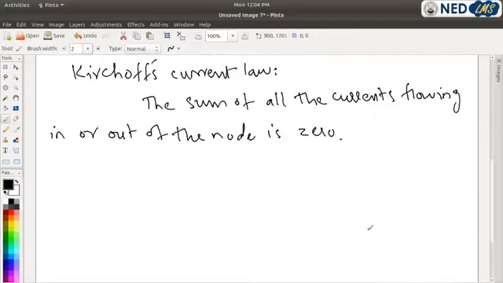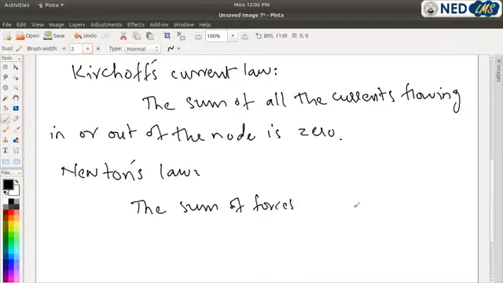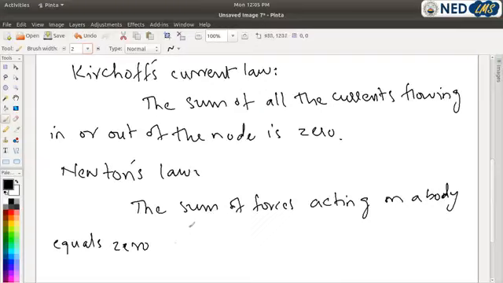Now, Newton's law states that, you guys must be familiar with this law, the sum of forces acting on a body equals zero if the condition is the body is in equilibrium.